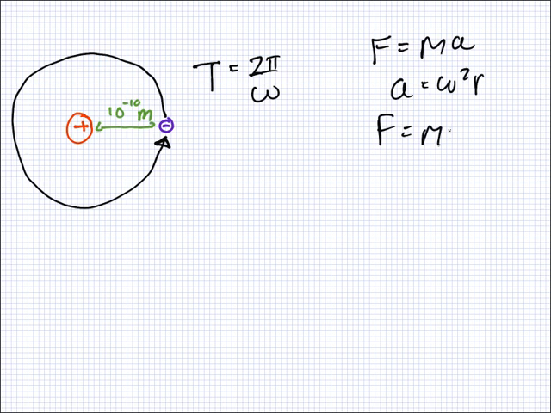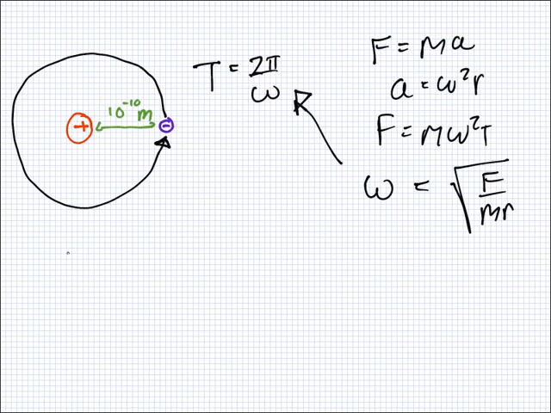So F equals m omega squared r, so omega equals root F over m r. Right?